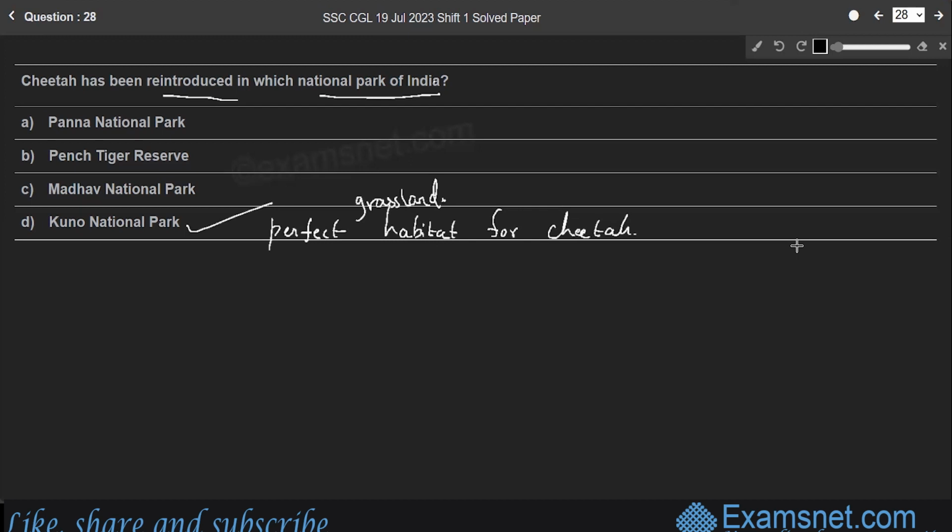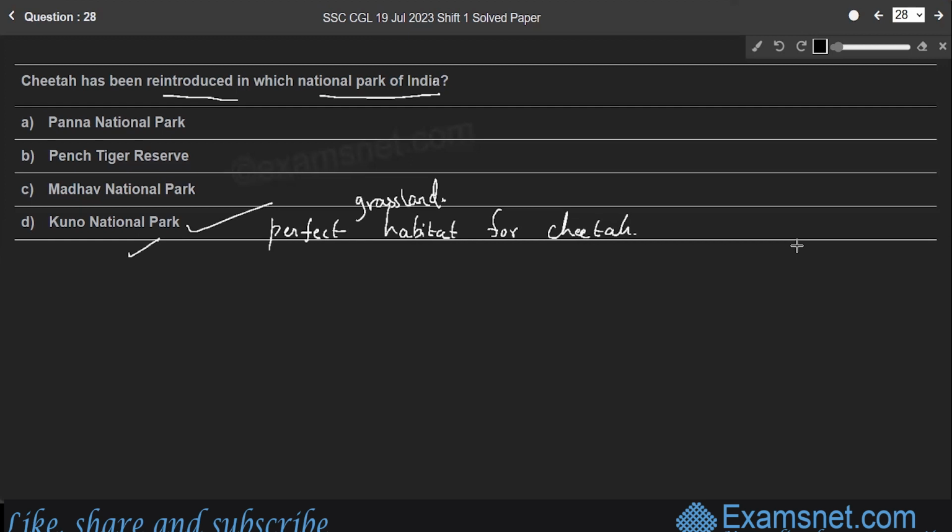Cheetahs can live in a variety of habitats, but prefer to live in grasslands and open plains. The committee found Kuno National Park to be a natural habitat for the cheetah, in the form of grasslands, savannas and open woodland with evergreen riverine ravines.